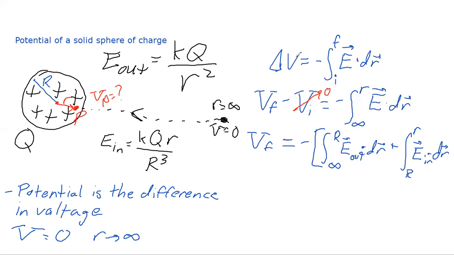If you take the dot product of two vectors that are parallel, you get cosine of 0, which is 1.